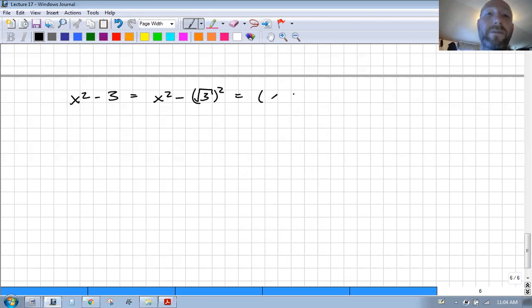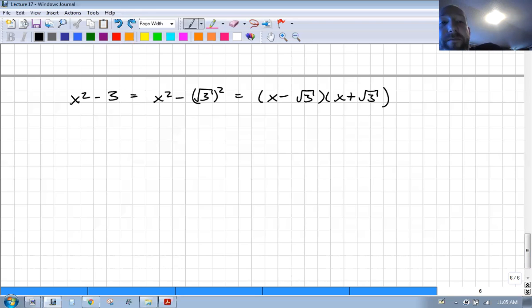So this would be x minus root 3 times x plus root 3. So this not only works when you have a pretty number like 4 or 16, you can rewrite any number as the square root of itself squared. You can rewrite it as something squared and then use your difference of two squares.